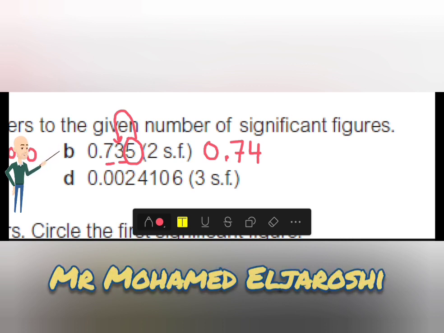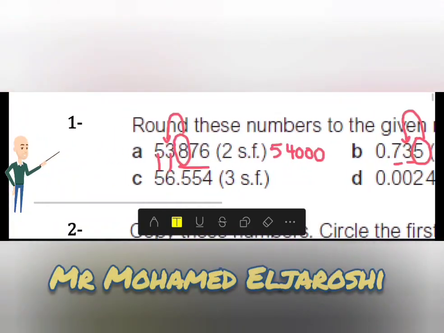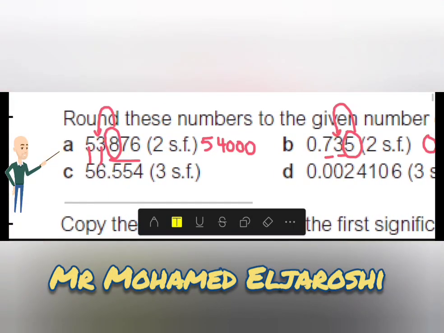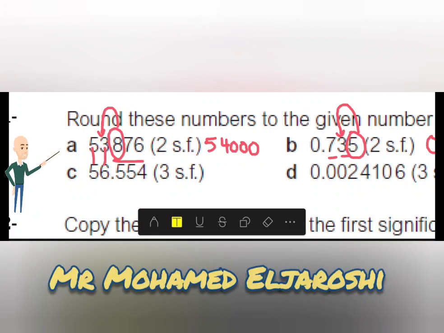Now, I want you to understand that if they ask for two significant figures, it means they want to see two numbers in the answer. And if you have a decimal point, you have to write it. Don't remove decimal points. You have to write them as they are. Now, question C here, let's take a look at it. We have 56.554, and they want three significant figures. Three significant figures means three numbers.